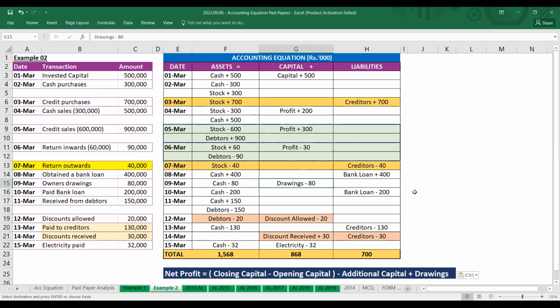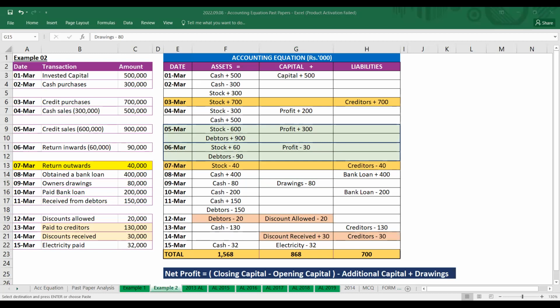So I want everyone to give the answer. How much is the profit?